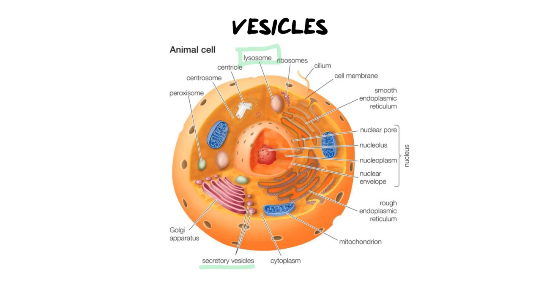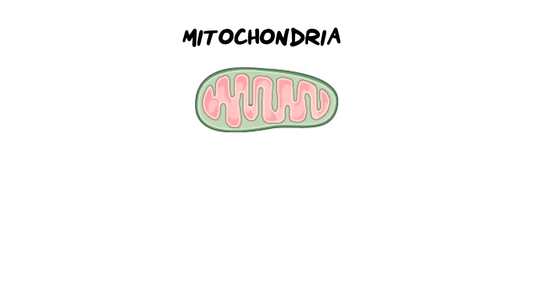In other words, the difference is that the lysosome will only affect the cell on the inside, whereas these secretory vesicles have substances that are going to go outside the cell and affect things on the outer edges of the cell. Some examples of what will come out of a secretory vesicle could be something like saliva. So the difference there is really about where the liquid on the inside is going.